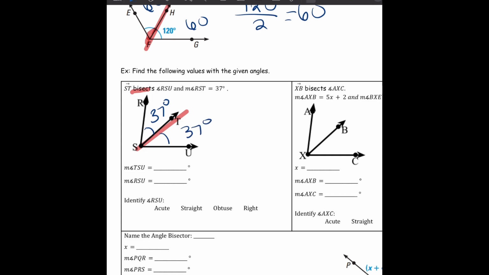So TSU is also 37, and the whole thing is 37 plus 37 equals 74. RSU is acute because it's less than 90.